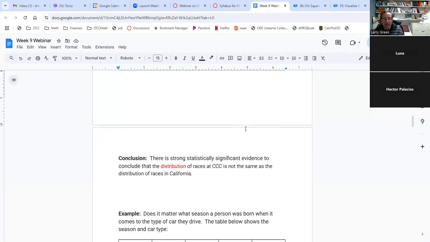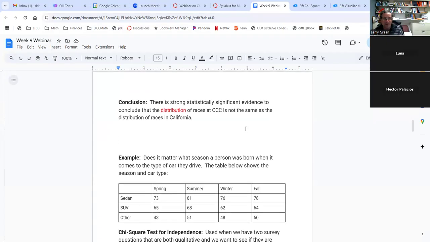Okay, so let's look at another example. It's going to be very different, kind of. Won't look different until we think about it a while. So does it matter what season a person was born in when it comes to the type of car they drive? Okay, the table below shows the season and the car type.